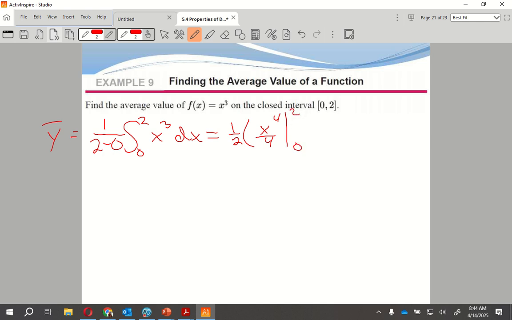What's that going to be? 4 to the 4th is 256, no wait, 2 to the 4th is 16. 16 divided by 4 is 4. Yes. 4 is the upper bound. Subtract my lower bound, which ends up being 0. So I get 4 times 1/2 is 2, and that is going to be equal to my average value.